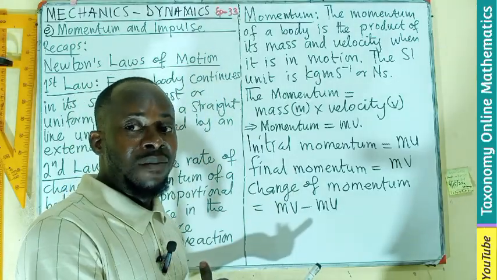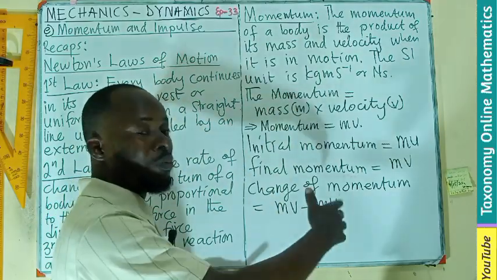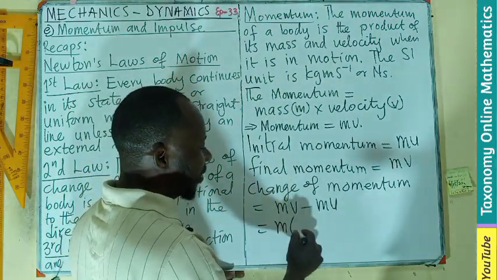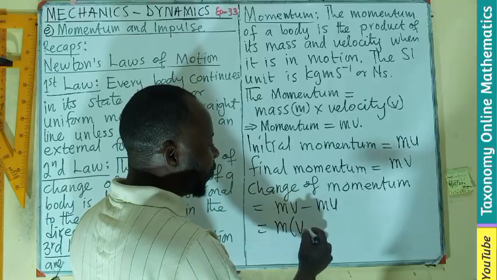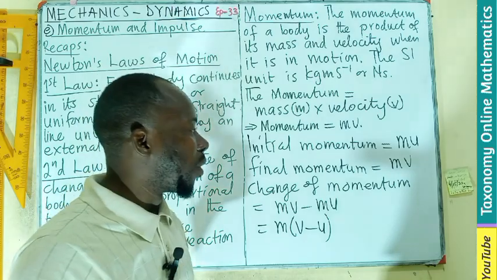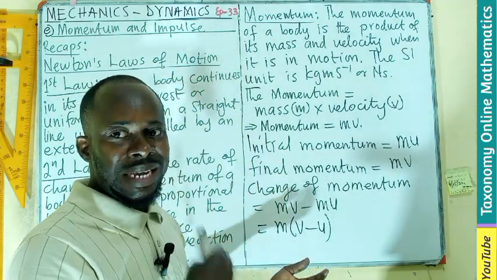As we have a final velocity and the body remains the same, the mass will be the same. Therefore, we can easily say that with the mass factorized out, we are going to have m times v minus u as the change in momentum.